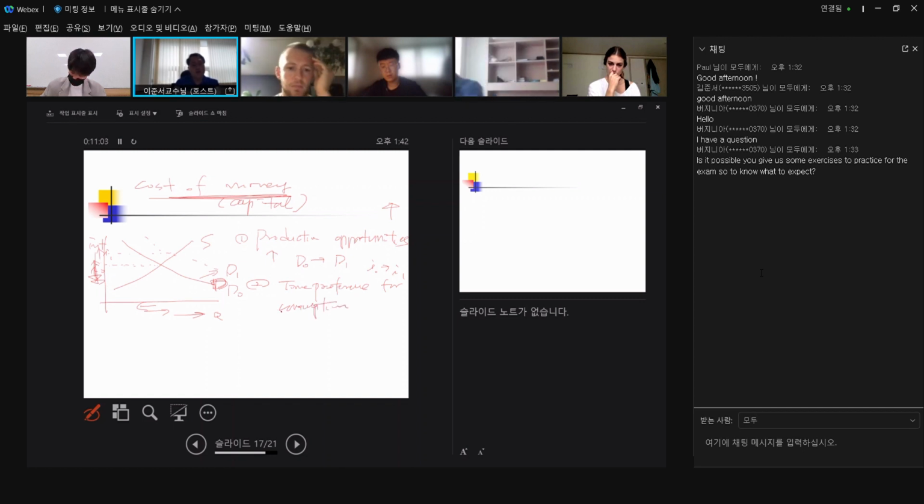So from the point of the company, if the company wants to have more money at this point rather than in the future, then what?